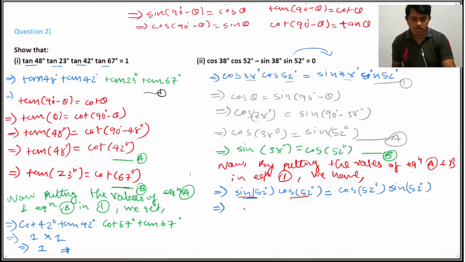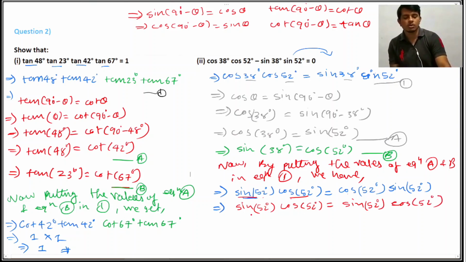So we can also write it as sin 52 degree cos 52 degree is equal to sin 52 degree cos 52 degree. So this equation is right, because the values on the left hand side and right hand side are both the same. So this equation holds.